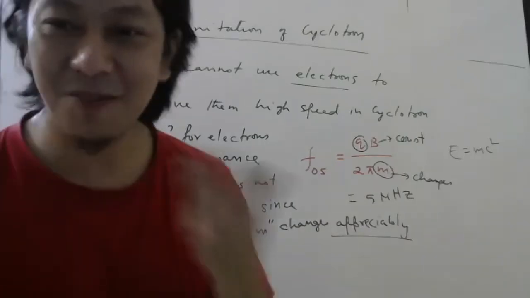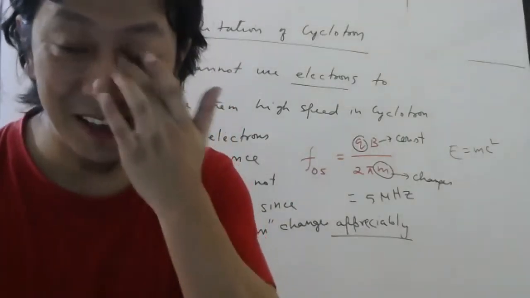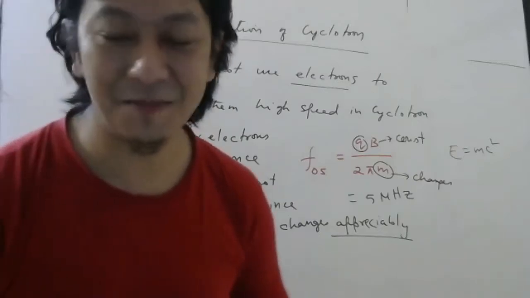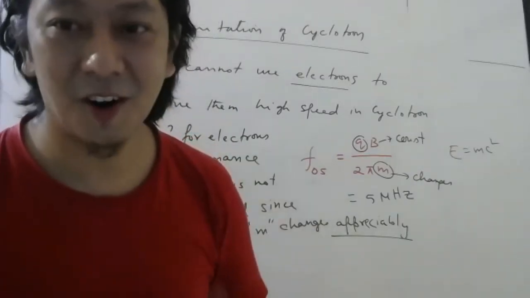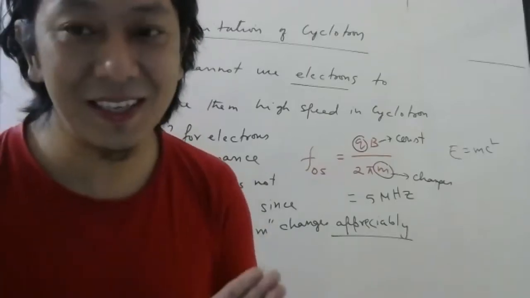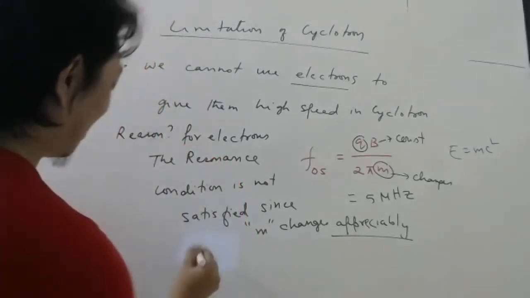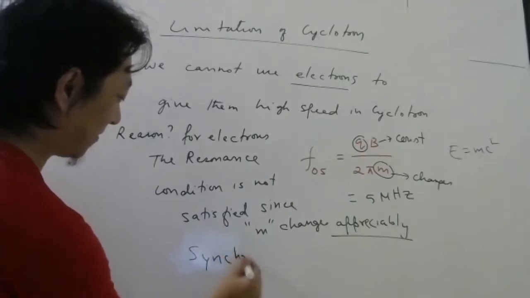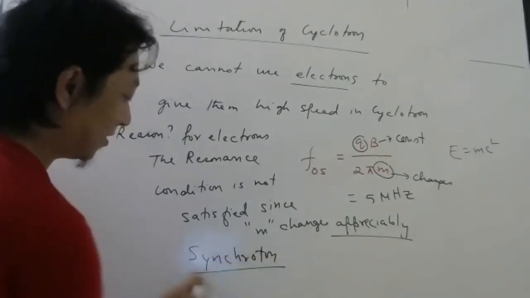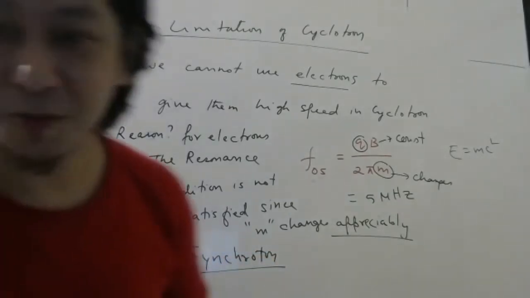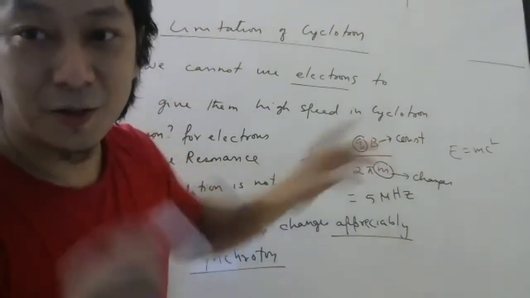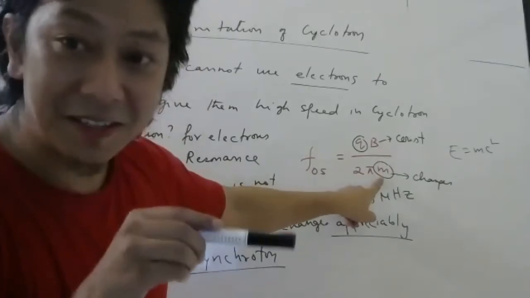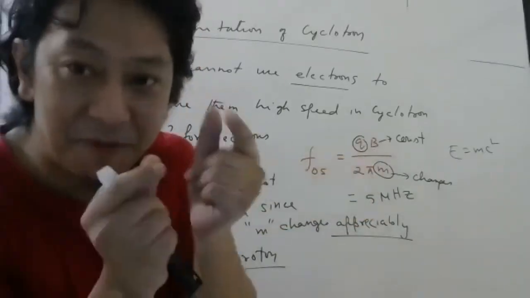But human beings are always smart, no? So what they have done is, that is not there in the syllabus, but they have invented another machine called synchrotron. So there we can use electrons also. Why? Because there they apply a changing magnetic field. So the way the mass changes, they change the magnetic field in the same fashion.